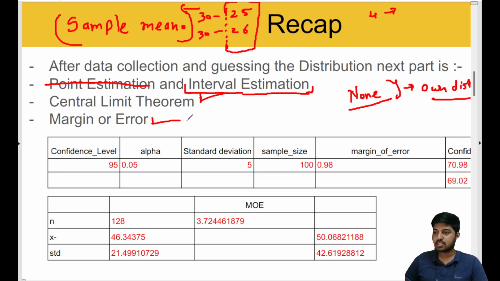What is the interval estimation? It is a range of values. Range of values, but for what? Interval means there is some interval. You have fixed that interval from 10 to 15. But for what?